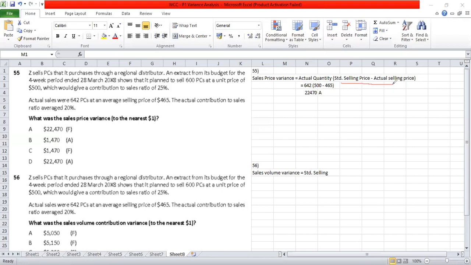The details given are that the standard quantity is they plan to sell 600 pieces, but they sold 642 pieces. In that case, it is not just the revenue which is generated, because from the revenue the total costs also have to be deducted, since here it is talking about the contribution.